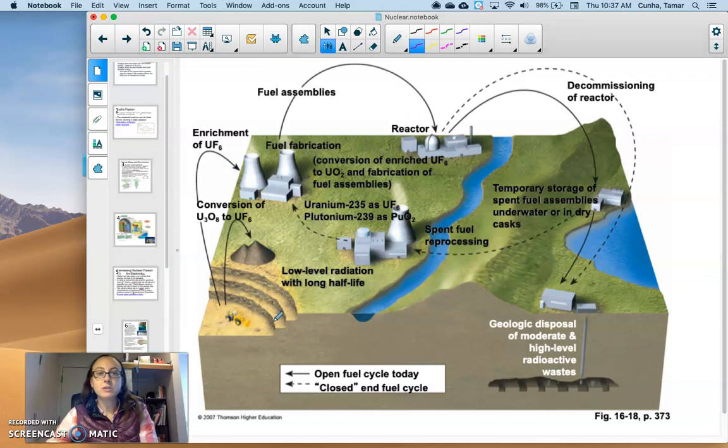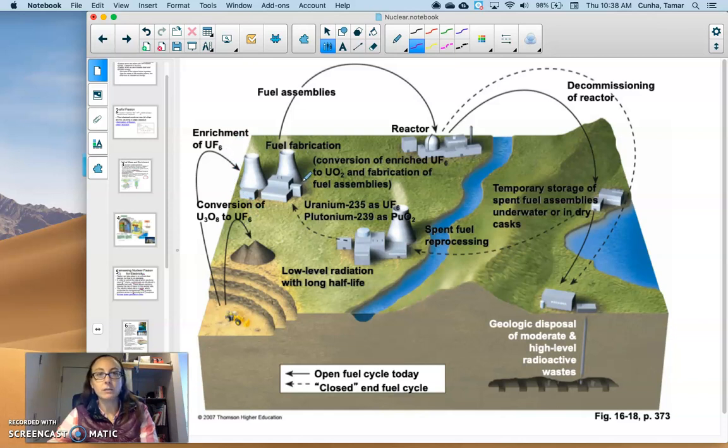And then finally, I just wanted to give you a sense of what this process looks like. So remember, uranium is a mineral that is mined. So we have the mining operation here, most of it as uranium oxide, and that gets converted into uranium fluoride. That's easier for us to work with in terms of the enrichment process.